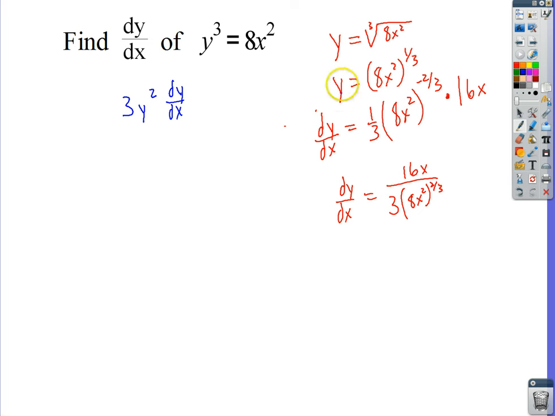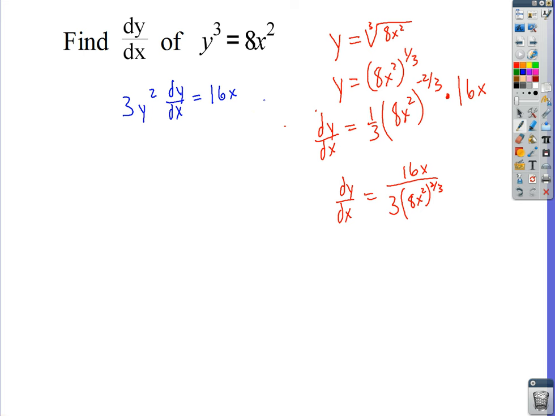The derivative of y all by itself was dy/dx. So the candy shell was something cubed, so I took the derivative of that and left my chocolate alone, and then I took the derivative of y, which is dy/dx. And then I take the derivative of this just the same, 16x.